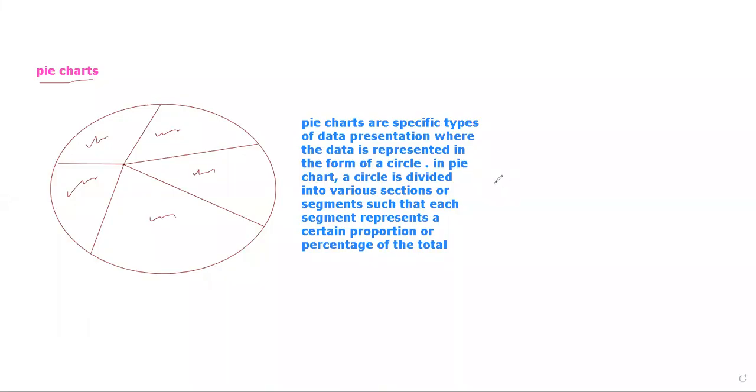So my dear friends, this is the basic definition of pie charts. You can read this definition also. Pie charts are a specific type of data presentation where the data is represented in the form of a circle. I just plot a circle here, then I divided this circle into some parts.